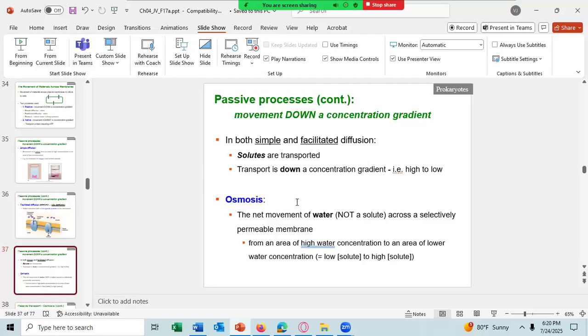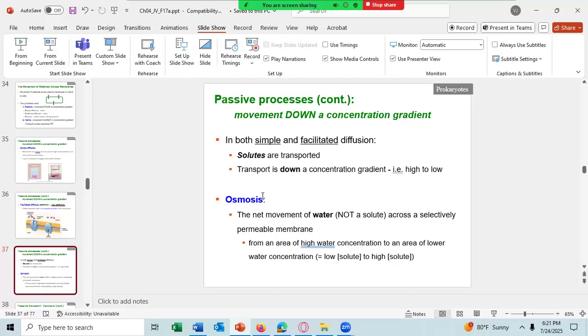And as water moves down its concentration gradient into the cell across the plasma membrane, we call this osmosis, where water moves from areas of high concentration to areas of low concentration. So the net movement of water into the cell occurs by osmosis.